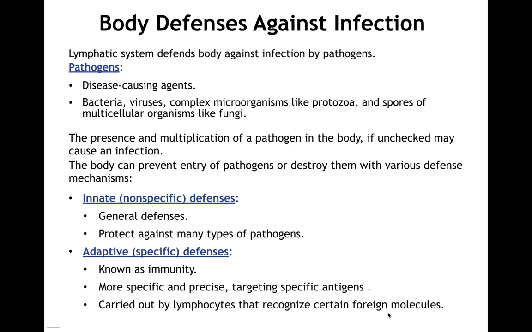Not only that, the molecules they produce specifically target pieces of antigens known as antigen determinants. Those are lymphocytes that recognize foreign molecules, either B lymphocytes that produce antibodies or T lymphocytes that produce T cells that have to actually come in contact with an antigen to do their job.